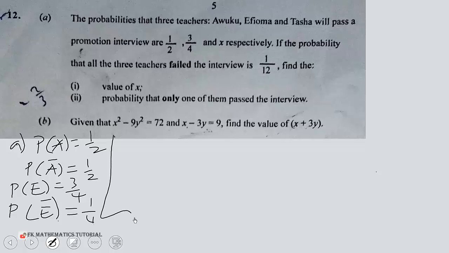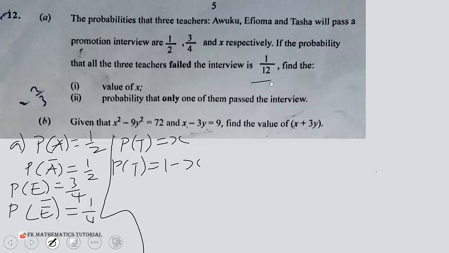You can show the working. Probability that Tasha pass is X. The probability that Tasha will not pass is 1 minus X. And the question says that the probability that all failed is 1 over 12.